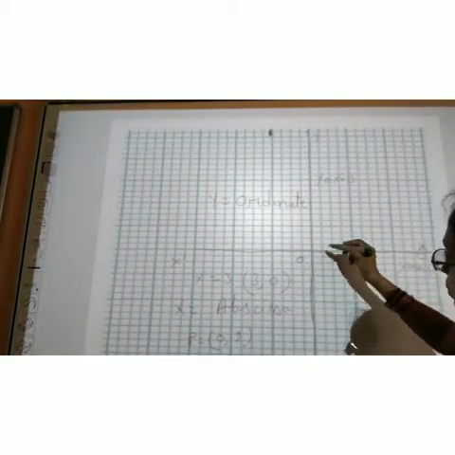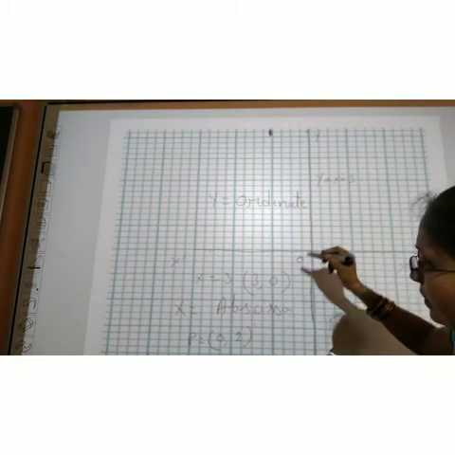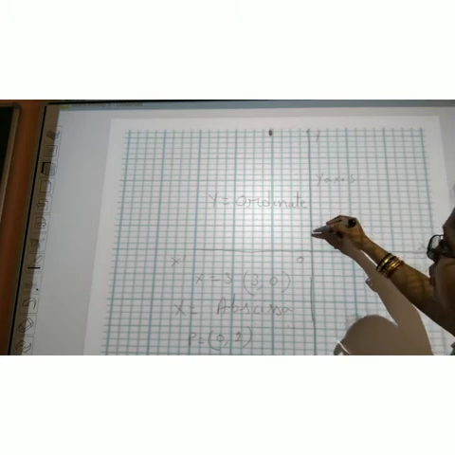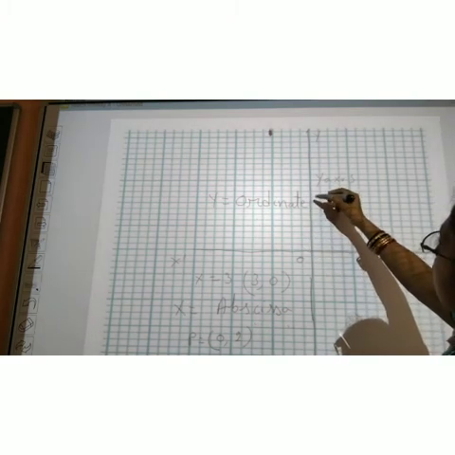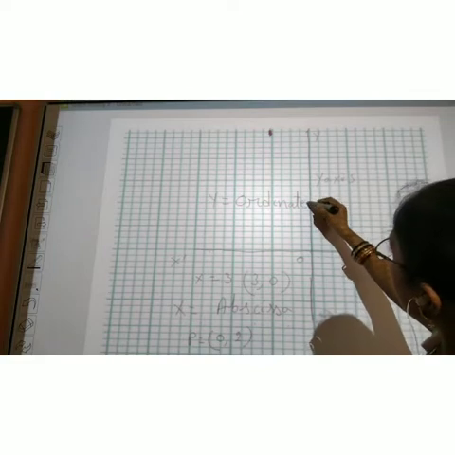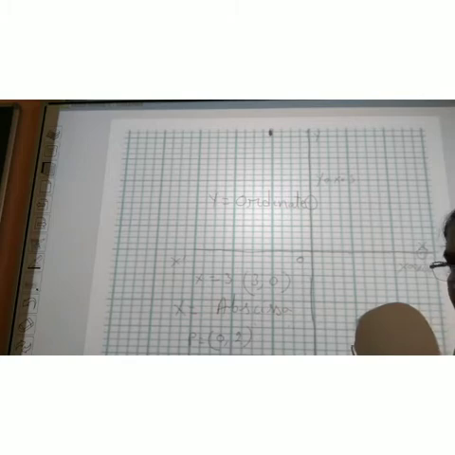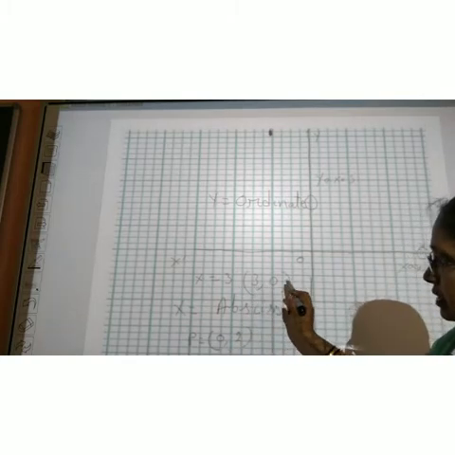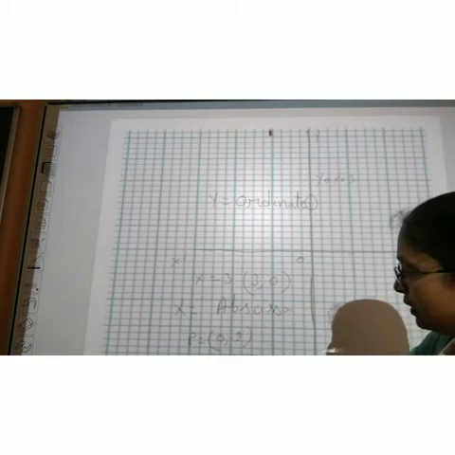The x value is 0, and the y value is 2, so we count here 1, 2. So where does it lie? It lies on the y-axis. So if the x value is 0, then the point will lie on the y-axis.